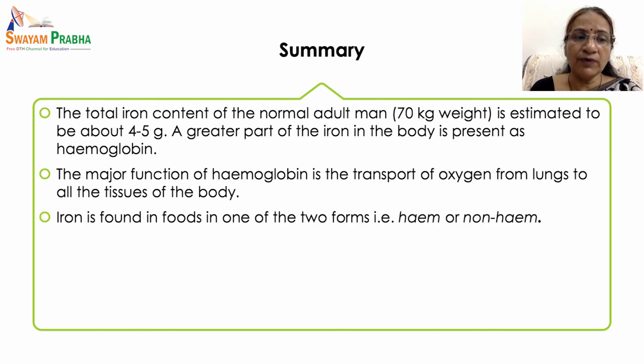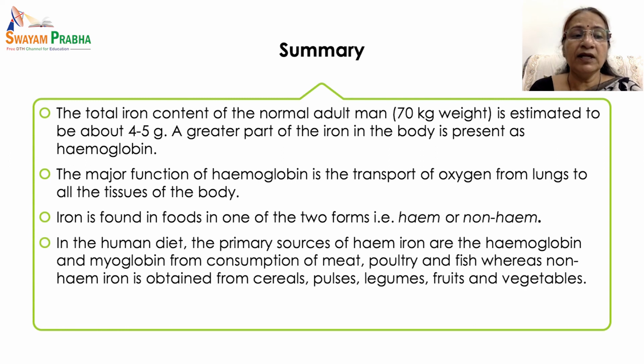Iron is found in foods in one of the two forms, that is heme or non-heme. In human diet, the primary sources of heme iron are the hemoglobin and myoglobin from consumption of meat, poultry and fish, whereas non-heme iron is obtained from cereals, pulses, legumes, fruits and vegetables.